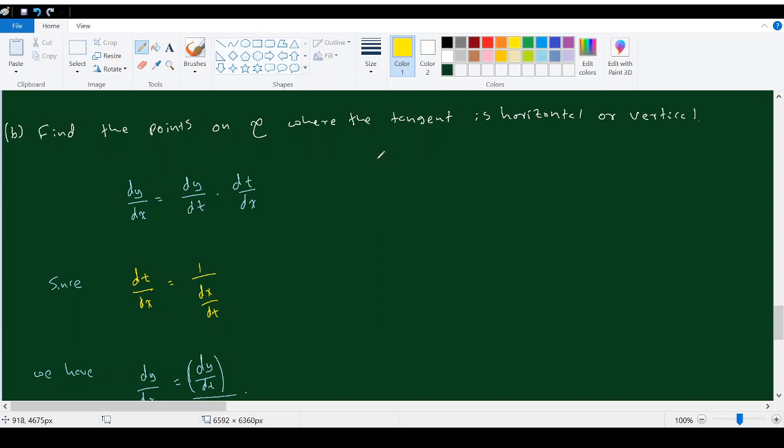Well, we have already done the fact that if the derivative of a certain curve is equal to 0, then that means it has a horizontal tangent, right? And if the derivative is equal to infinity, then you will get a vertical tangent, right?